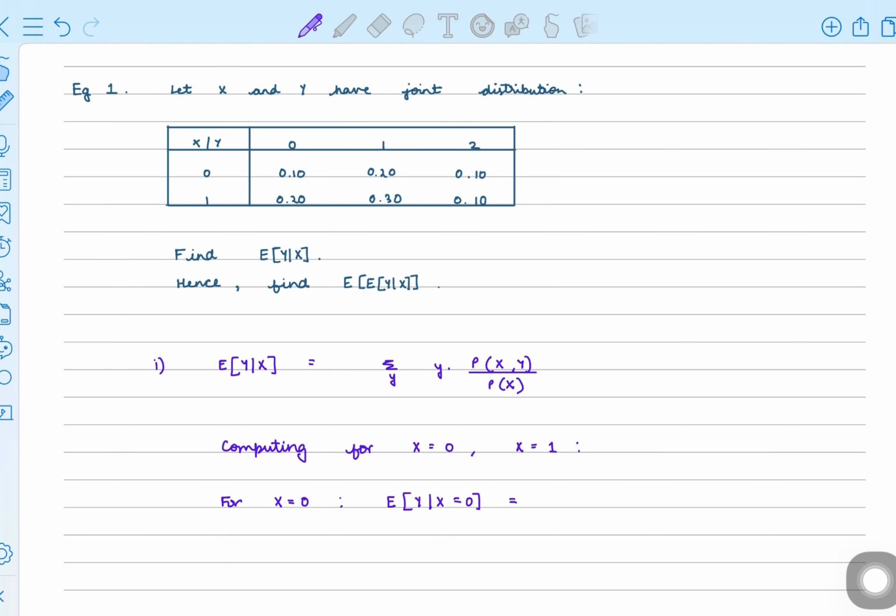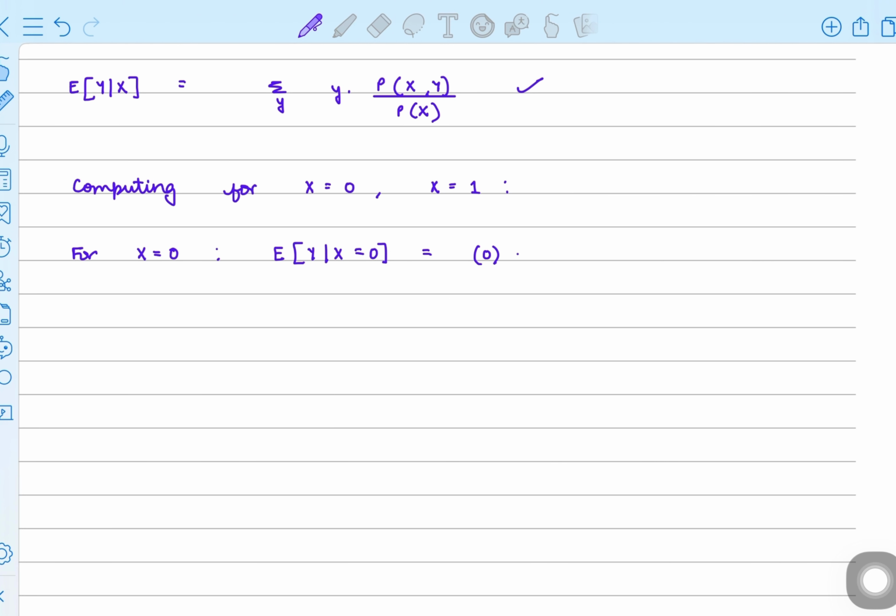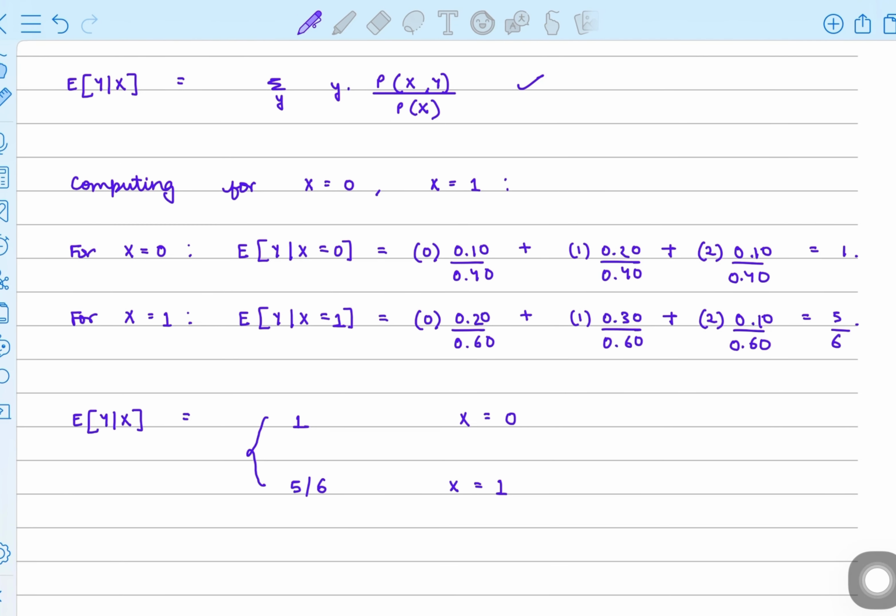Therefore, we use each of these values and input them into this formula. Similarly, when we solve for x is equal to 1, we get the expectation of the random variable y given the random variable x is equal to 1 is equal to 5 upon 6.